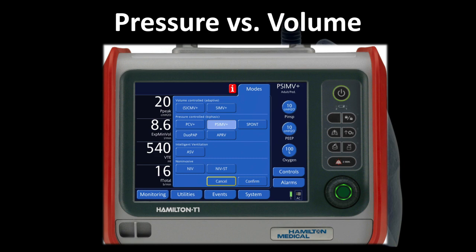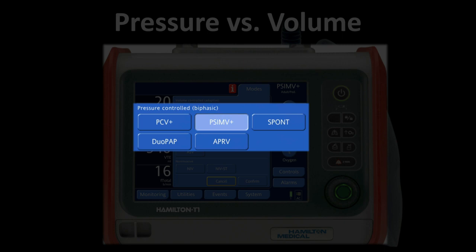If we contrast that and we go down to this second line, we see pressure controlled or biphasic. We have PCV plus, that is going to be pressure delivered in an assist control breath. And then you have PSIMV plus, and that is going to be basically pressure SIMV. Again, the difference is in this case, you're going to set an inspiratory pressure, an ultimate PIP.